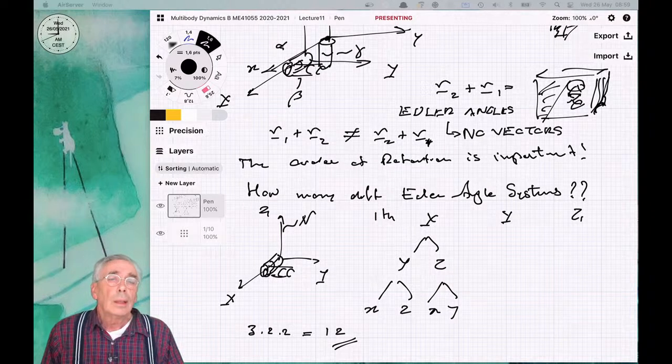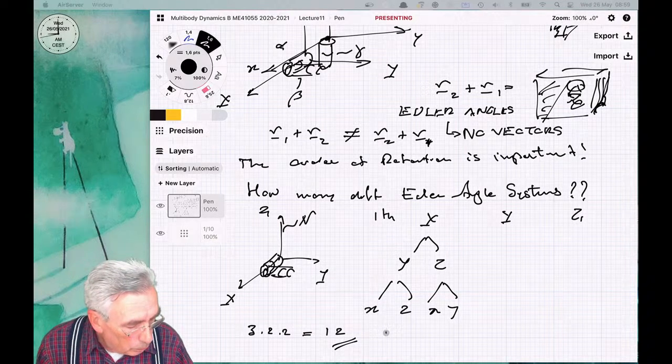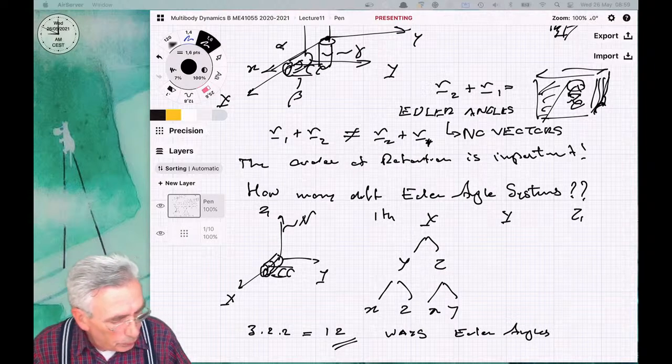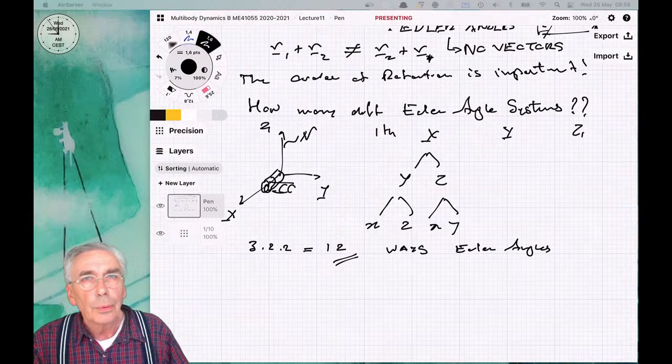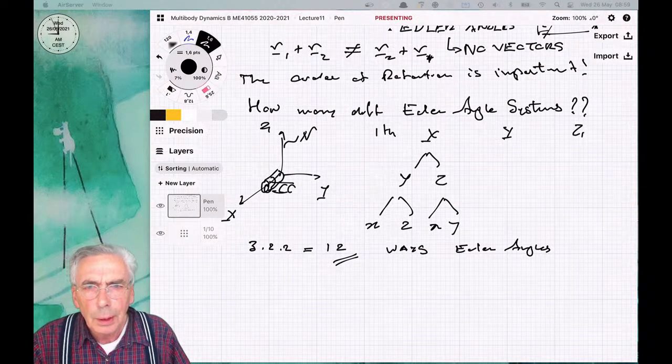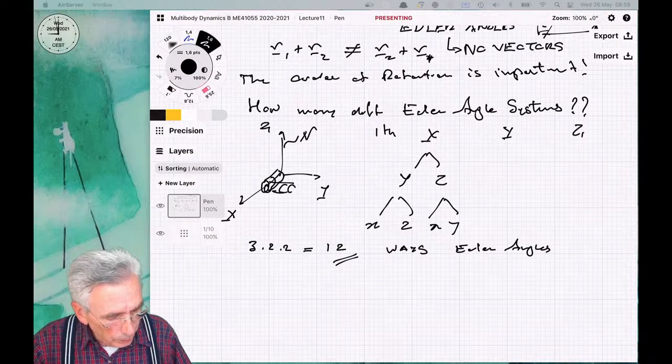So 12 ways, I could say, for the Euler angles. And they have all different names. Some are called with the spin notation and whatever, I always forget. That was the initial one. That's the famous one, the ZXZ.